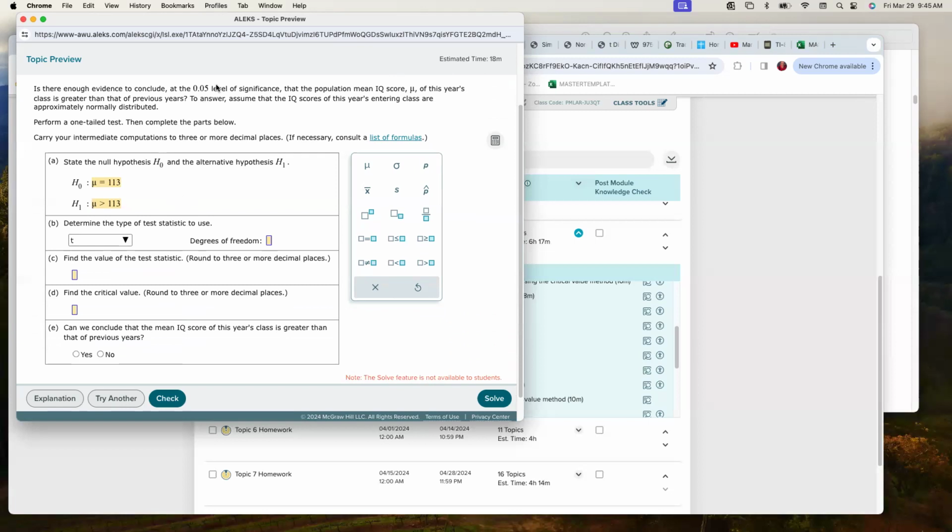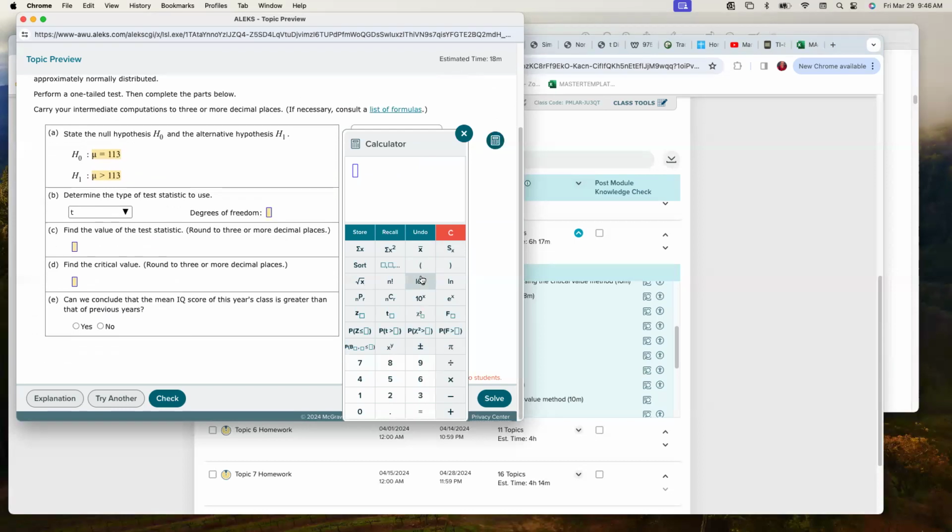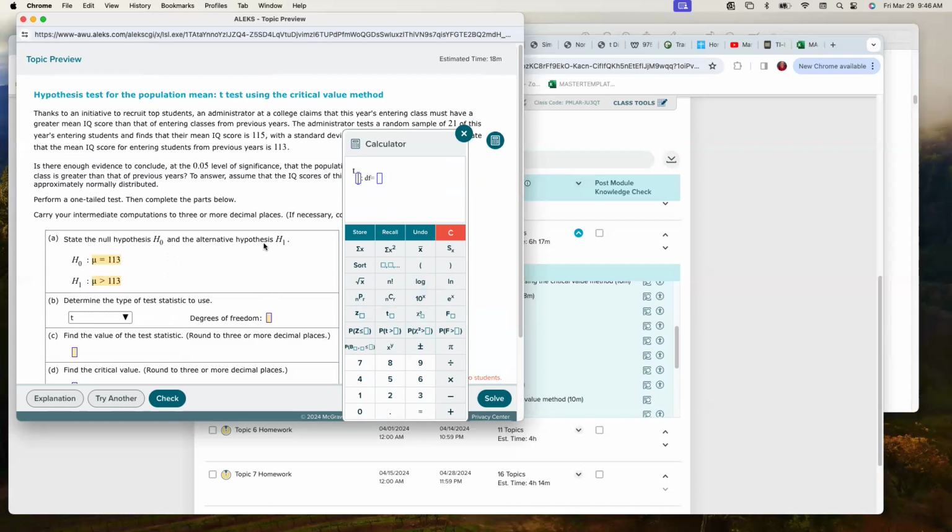And how I do that, there's a couple of ways we can do this. One is on your calculator, and your spreadsheet's going to do this. I'll show you how to do it, but this is kind of a neat way of doing this: you type this in here, and if I scroll up here, we got a random sample of 21, so I've got 20 degrees of freedom. And if I want the area to the right to be 0.05, sometimes these are to the left. I can't remember. We'll find out here real quick.